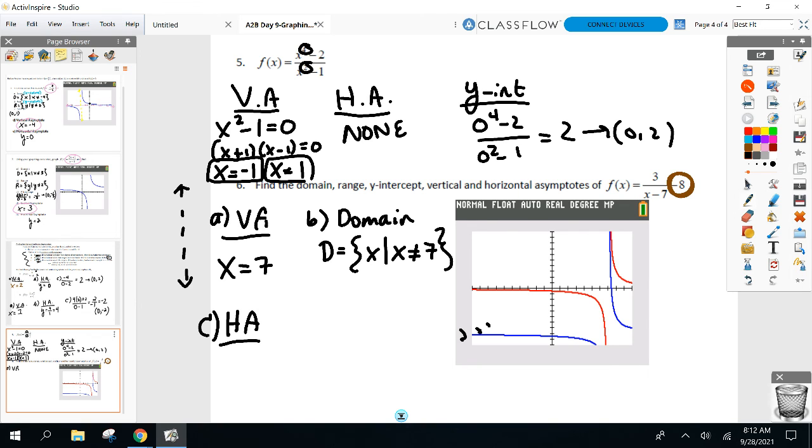Now let's go horizontal, because this will change things. Horizontal asymptote. Let's forget the -8. What's the degree in the numerator? 0. Everyone agree it's a 3, so that means it's 0. What's the degree in the denominator? 1. So according to my rules, what should the horizontal asymptote be if the degree is bigger in the denominator? Go back to your rules.